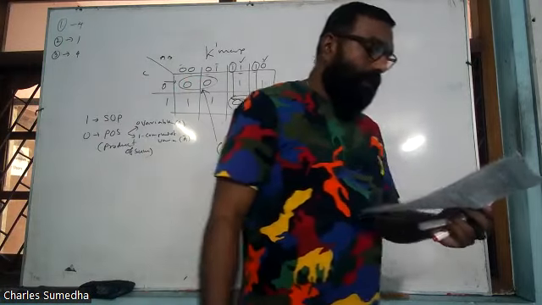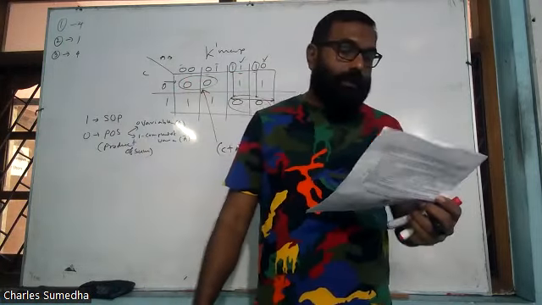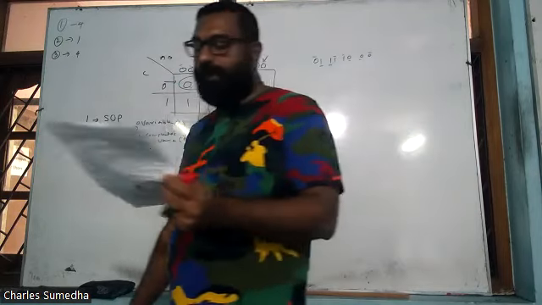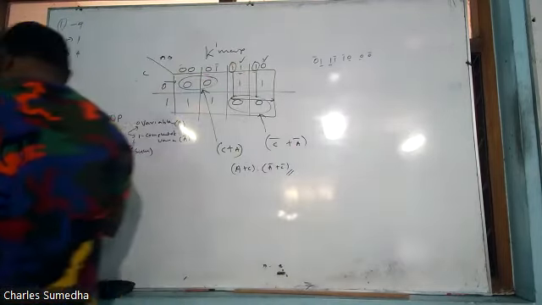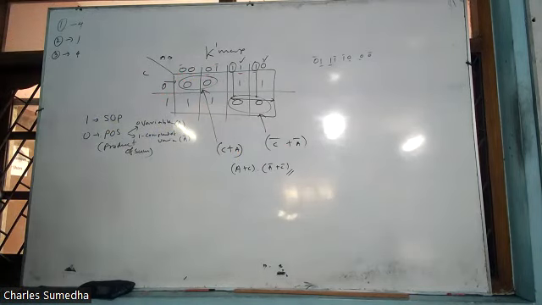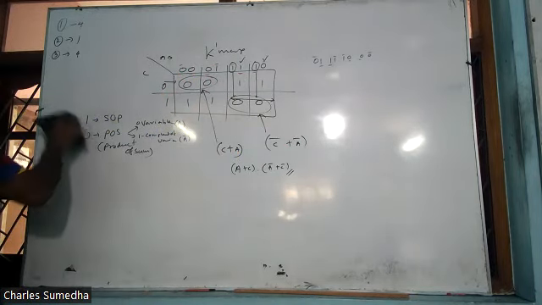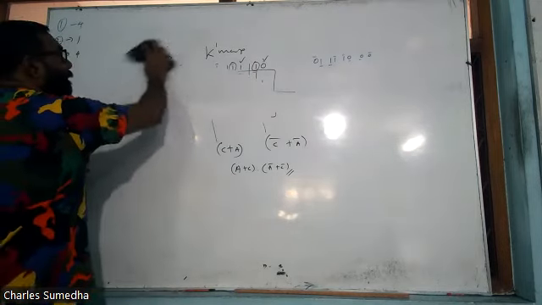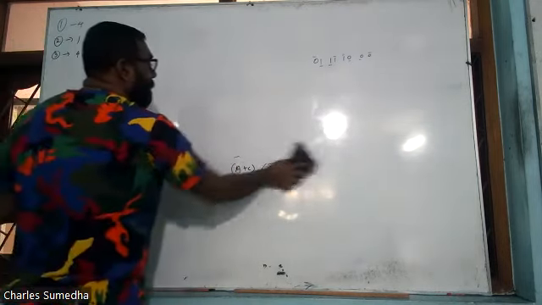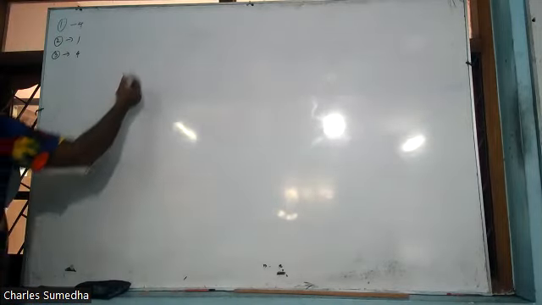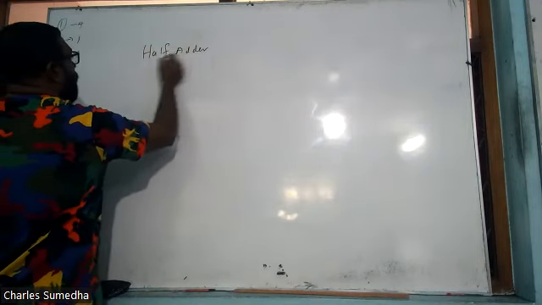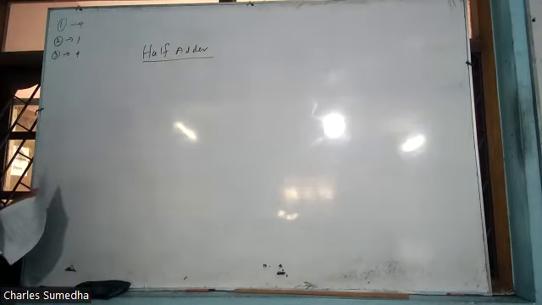Right. Then they have given, consider the following logic gate with the truth table. You will have to know this. When you look at this, you can see this is an adder.